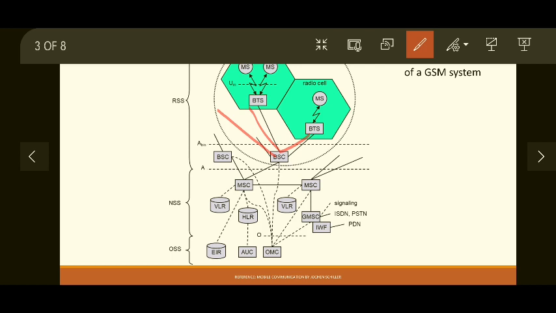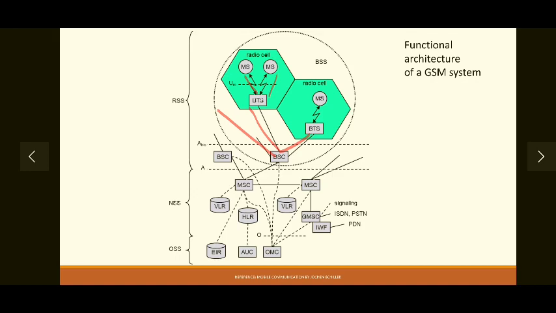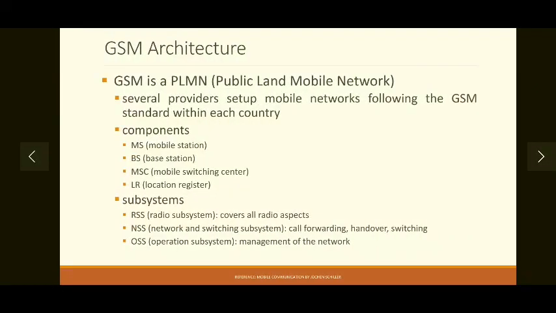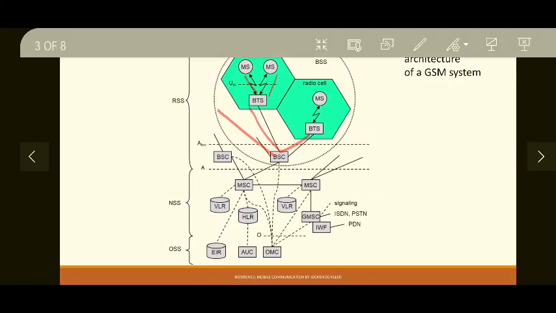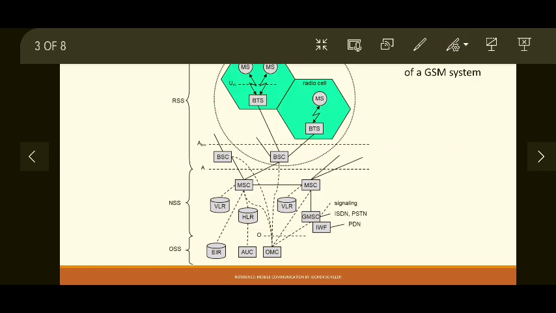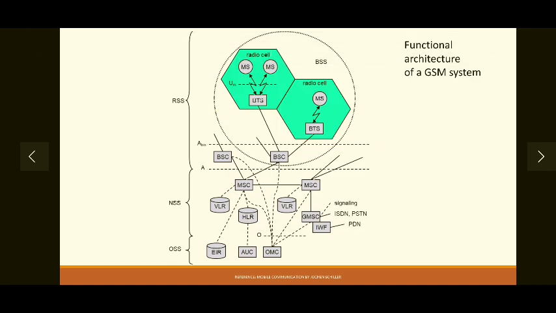Okay, so a controller can connect different BTSs. One BTS can connect to different users like this. Okay, so one BSC under which several BTS, under which several MS, comprise a single base station subsystem. So the base station subsystem consists of BTS, BSC and MS.